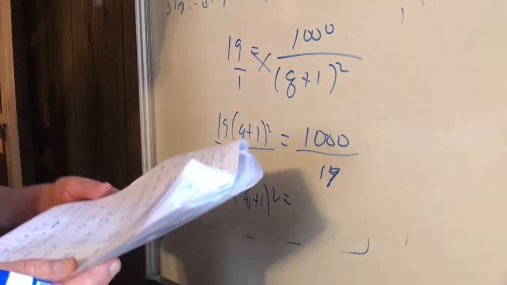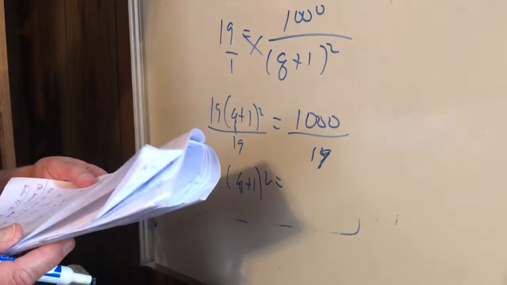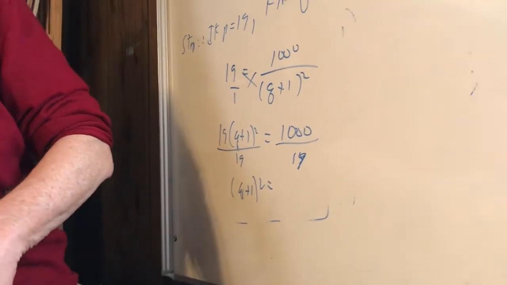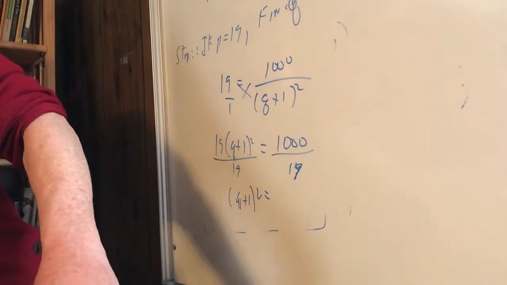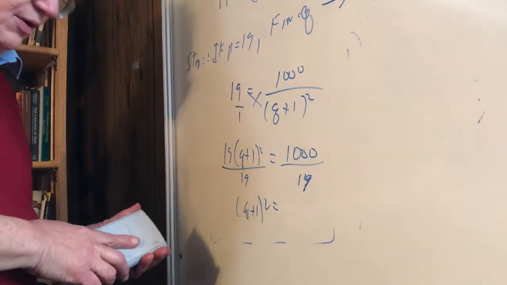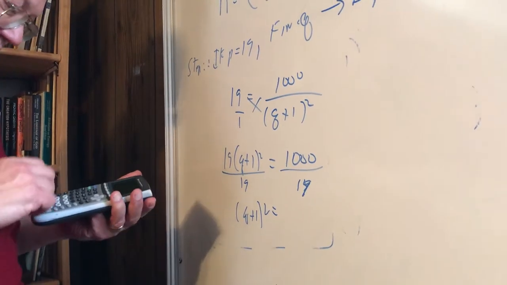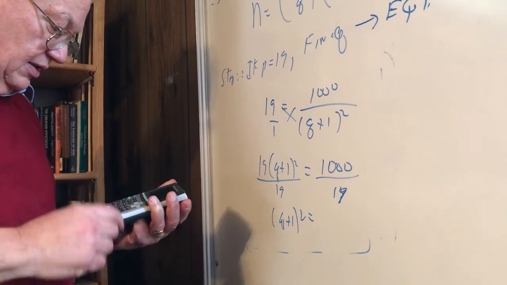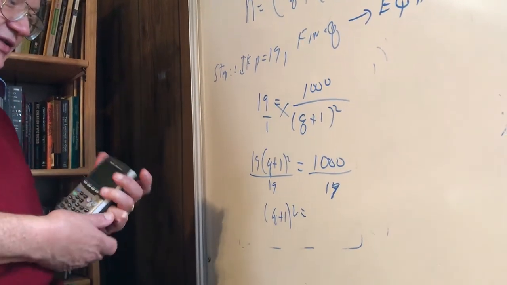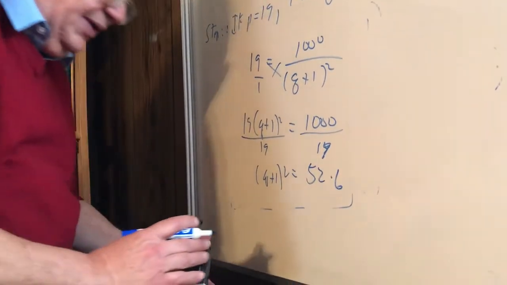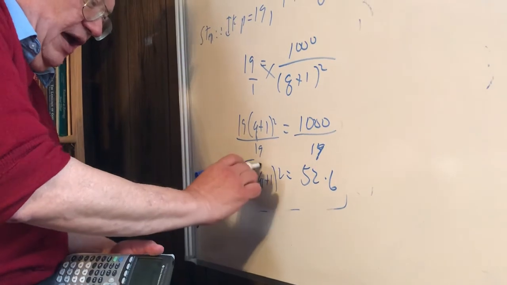I'm not sure that I did this. So we can do this. How much time do we have? 1.5 minutes. Okay, where's my calculator? Okay, my fault. I should have done this when I prepared the notes. 1,000 divided by 19 is 52.6. What do we do now? We take the square root of both sides.